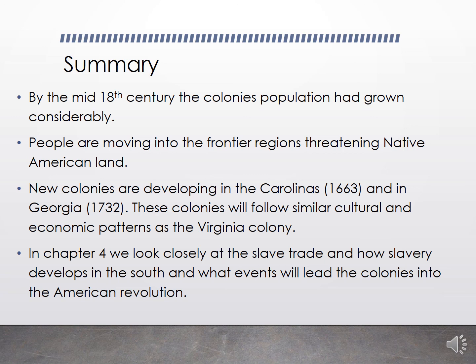And then the Carolinas will be followed by a colonial settlement in Georgia that is established later, in 1732. And again, they're going to follow a very similar cultural and economic pattern as the Virginia colony. So Georgia eventually becomes a plantation society.